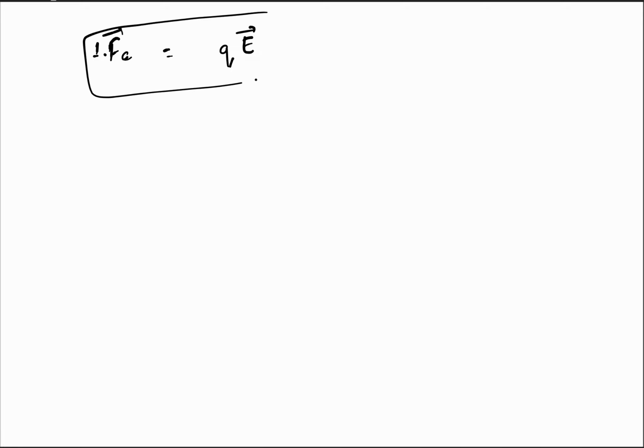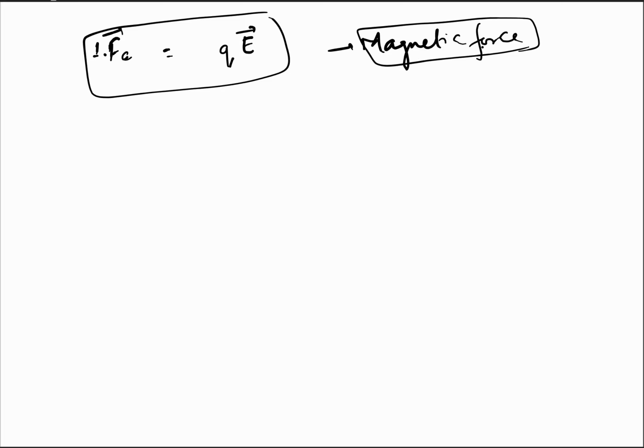And the other component is called the magnetic force. It has a peculiar directional property, and it also depends on the velocity of the charge, that is, how fast this charge is moving.